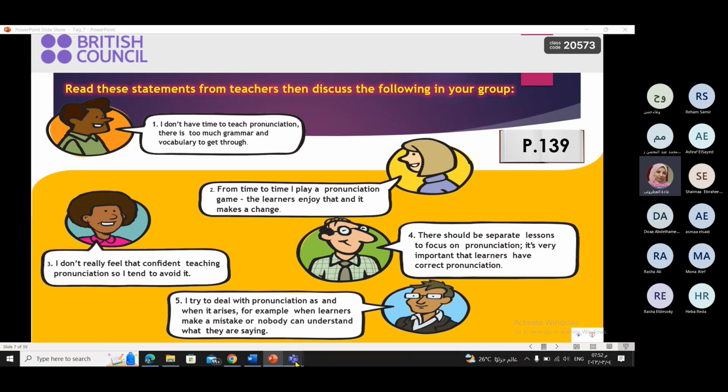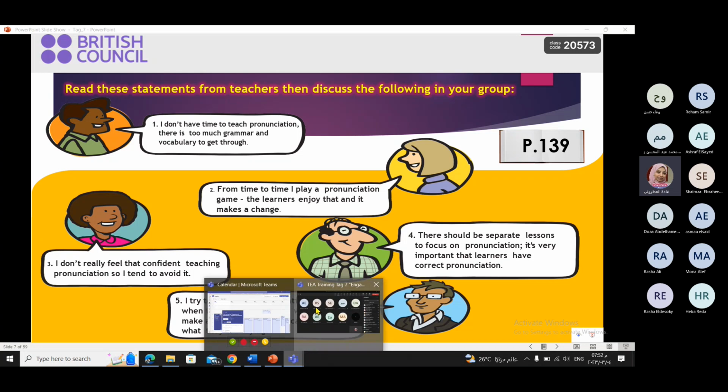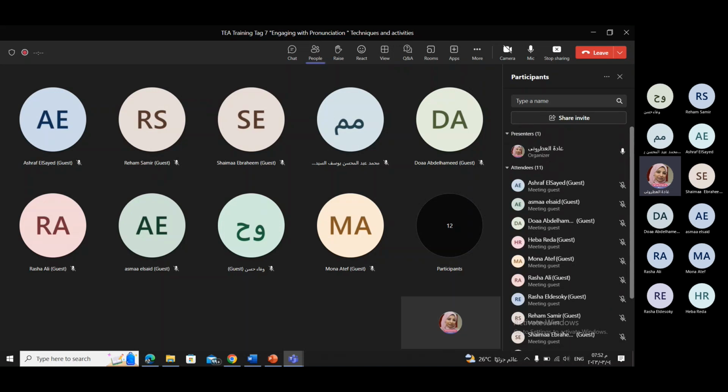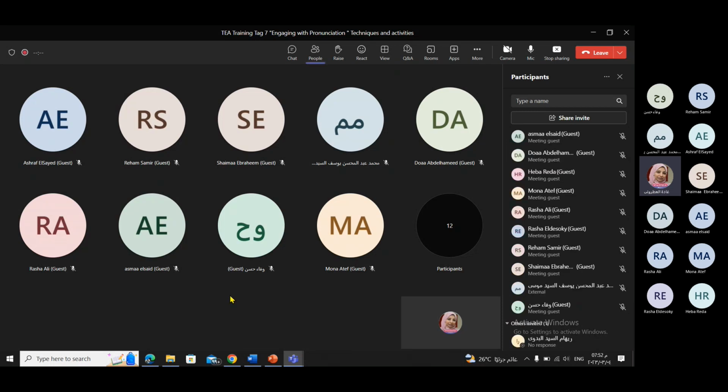Okay, I want to hear the nice voices of you. Yes, I will see if somebody is raising his hand. No one is raising his hand. Remember that your participation is very important to make the session engaging and interactive. Yes, go ahead, please. Number 1.